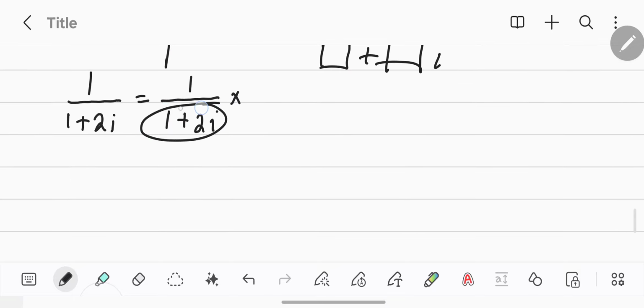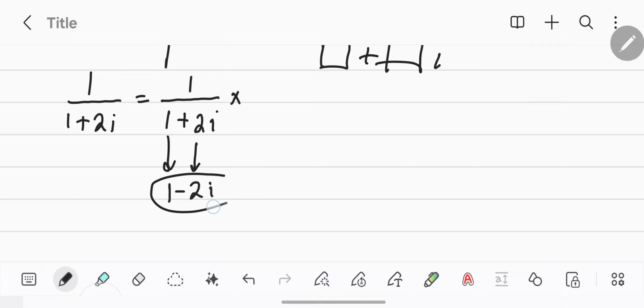So what's the conjugate of this thing? If I find the conjugate, the real part will be as it is, but the imaginary part will be flipped. If it is plus, make it minus. If it is minus, make it plus. So I will write 1 minus 2 iota. This is the conjugate of the denominator of this complex number.